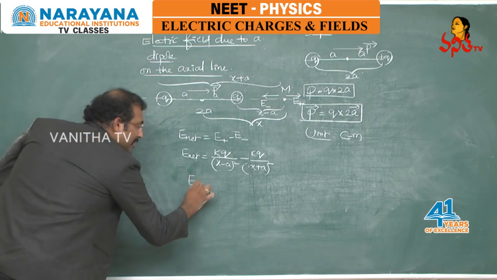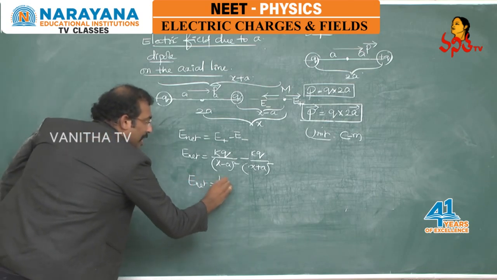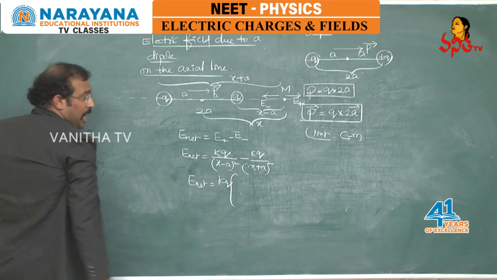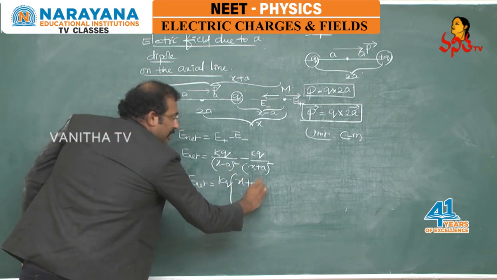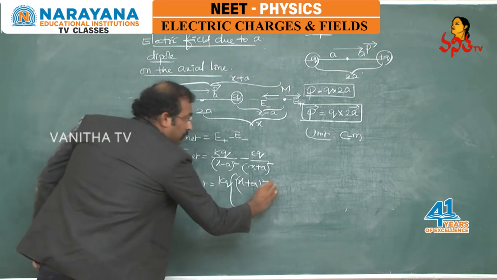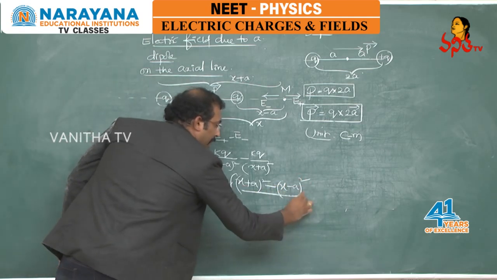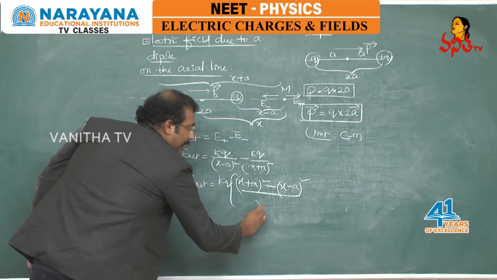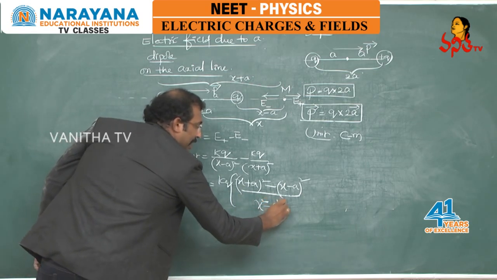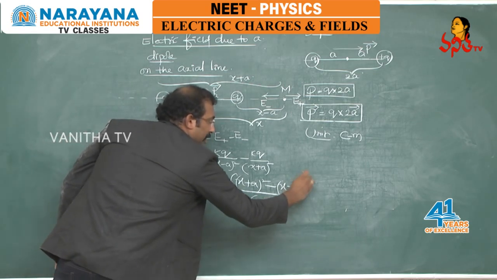Now E net is equal to, so kq is common, I am making this x plus A whole square minus x minus A whole square by x square minus A square whole square.